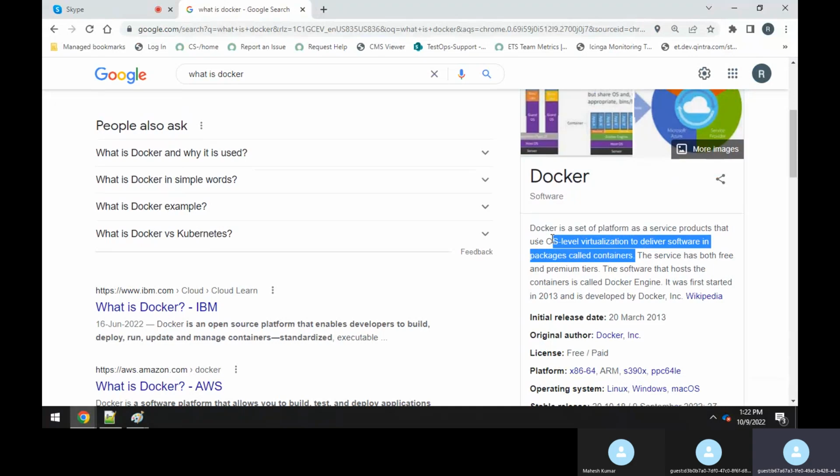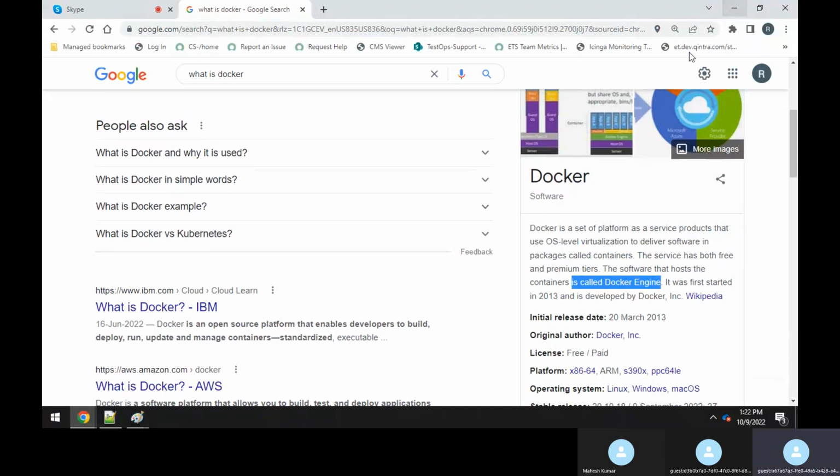This is a very, very important definition actually. The service has both premium as well as a free tier. The software that hosts containers is called the Docker Engine.